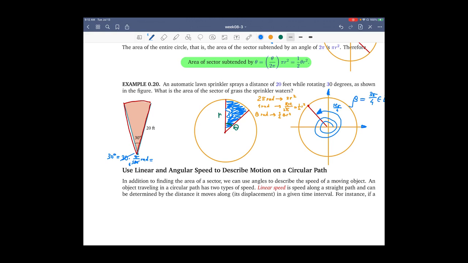And so 30 degrees is pi over 180 times 30, or pi over 6 radians.